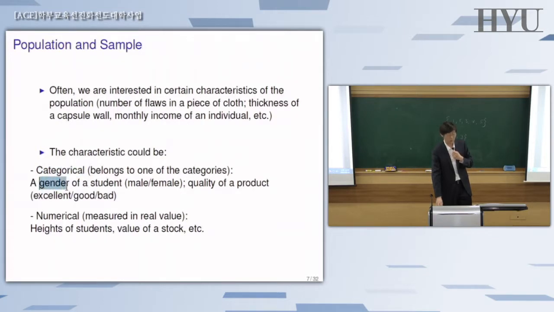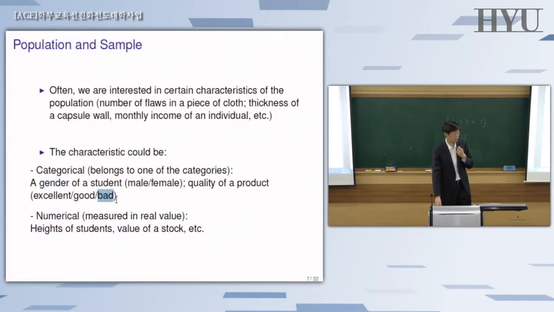You know what gender is? Either male or female. Nothing in between, almost always. So either category 1, the female student, or category 2, the male student. Or it could be the quality of a certain product. Everyone carries around a smartphone these days. You might want to categorize into excellent quality, mediocre quality, or bad, so that you have to throw that one away.